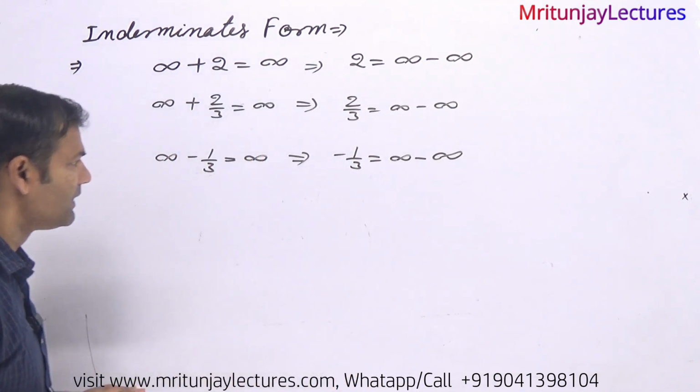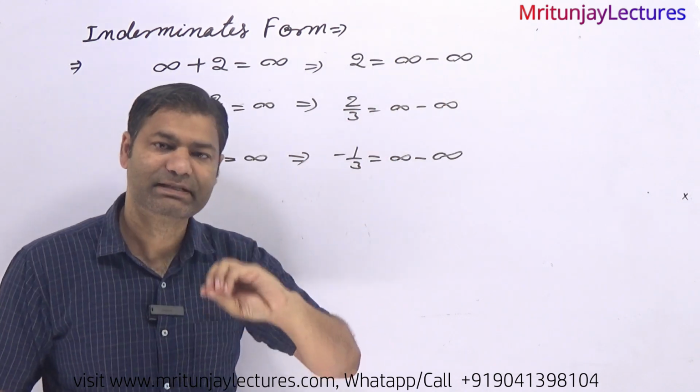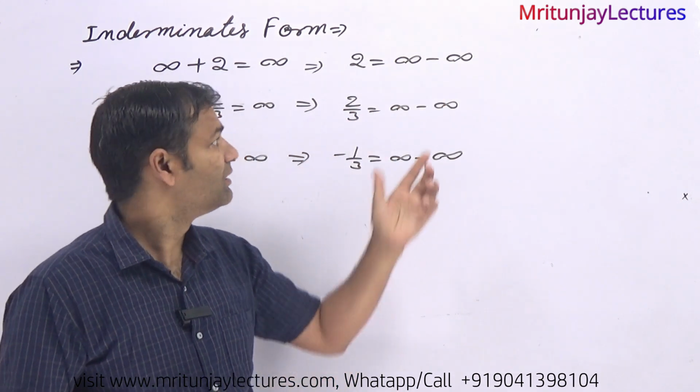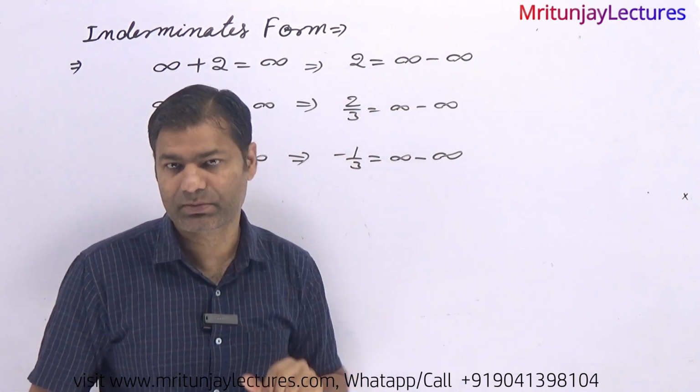First of all, if the question looks like this: as x tends to 0 or x tends to a, we get the function infinity minus infinity, then how can we solve it?